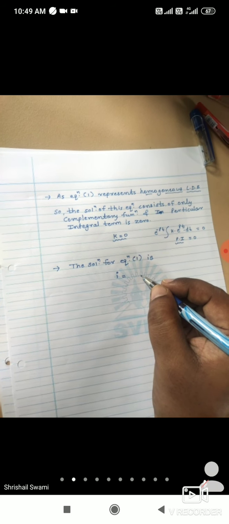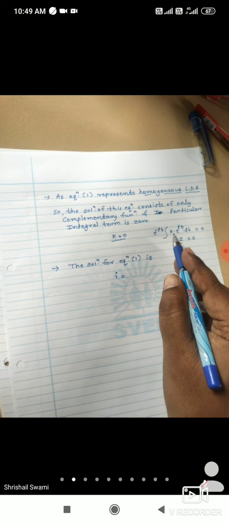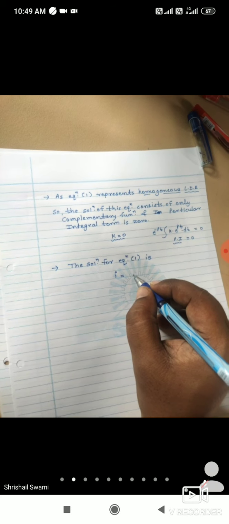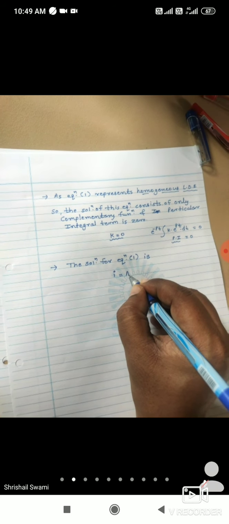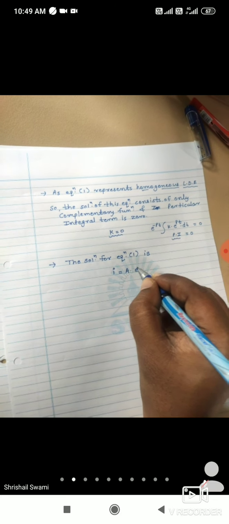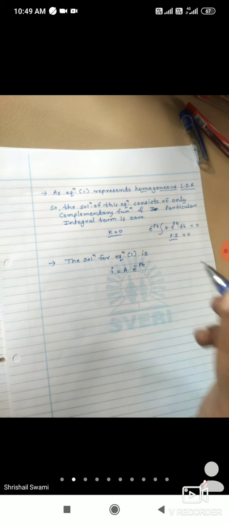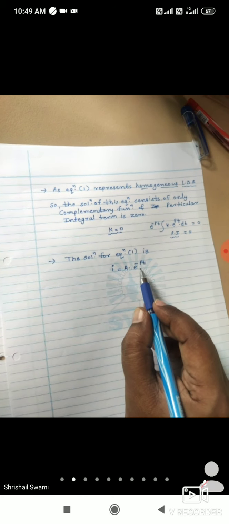We can use any variable except C. Okay, k is already used. So can we use a? Okay, a into e raised to minus pt.